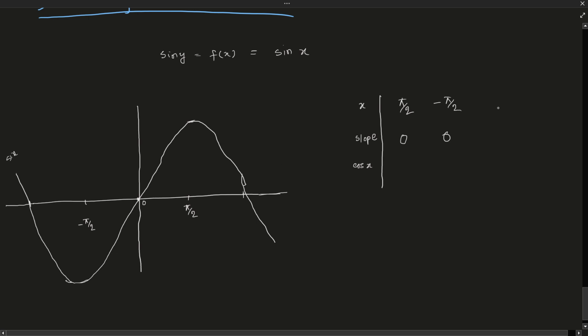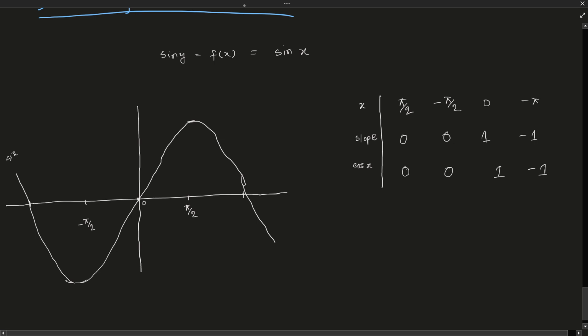For 0 it's 1, and for minus pi it's -1. So cos x হচ্ছে মানে ভ্যালুটা বসাবো. So this will be 0, and this will be also 0. This is 1, and this will be -1.